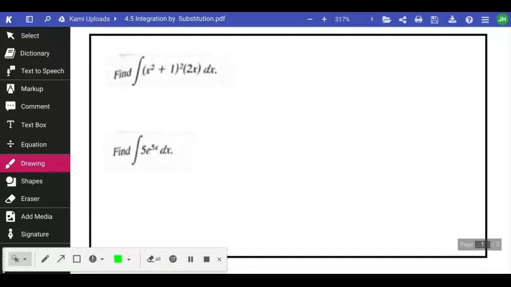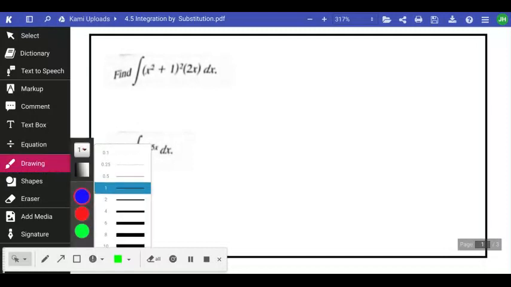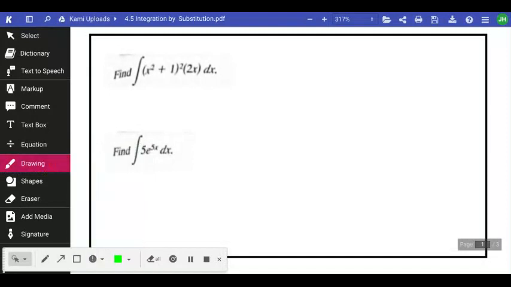So what we start with is we're going to let u equal the inside, the very most inner part of this integral, which would be the x squared plus 1. Not looking at the integral, I will now take the derivative of u so I can do the differential.